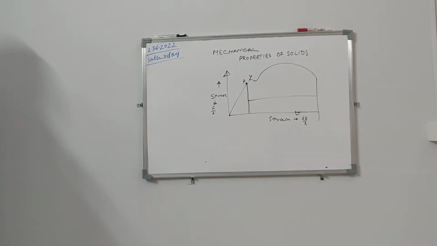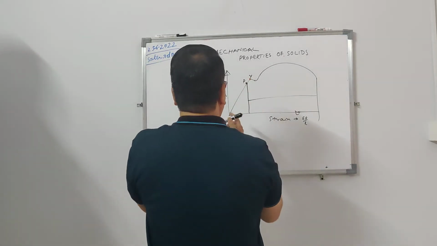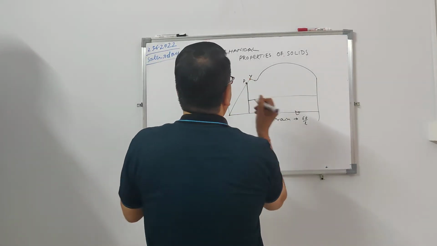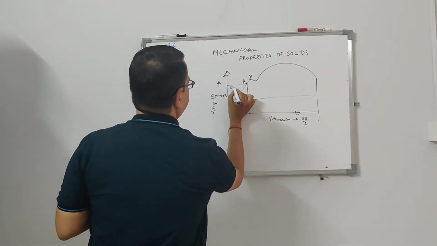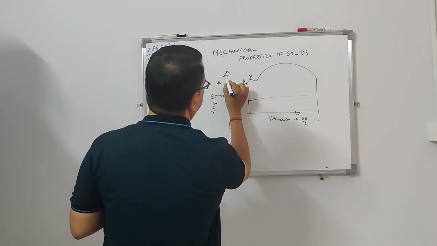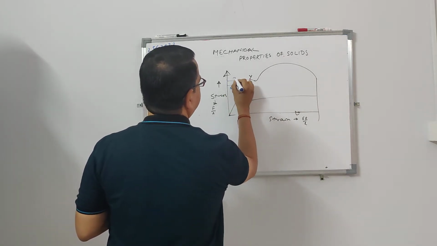Then the statement that stress is linearly proportional to strain for stress smaller than the yield point. This statement is correct. For a stress smaller than the yield point, this is sigma p, and this is sigma y.